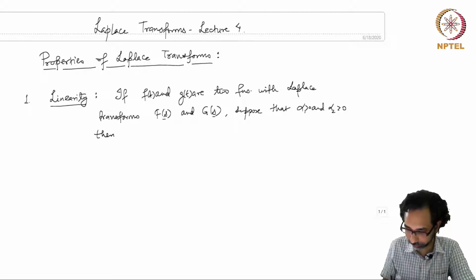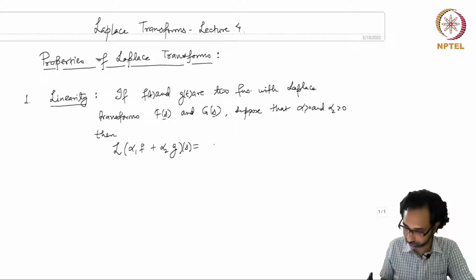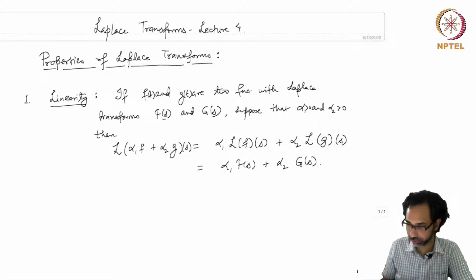Then the Laplace transform of the function alpha 1 f plus alpha 2 g, which is a variable in s, is given by alpha 1 times the Laplace transform of f with variable s plus alpha 2 times the Laplace transform of g with variable s, and this is nothing but alpha 1 F(s) plus alpha 2 G(s).